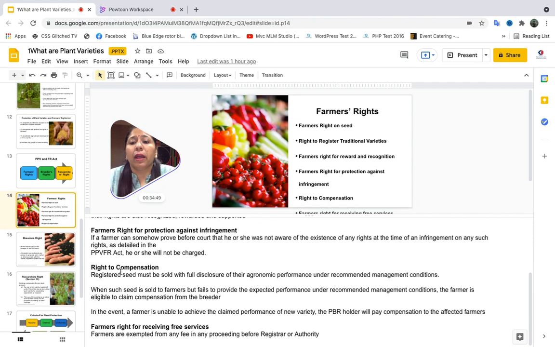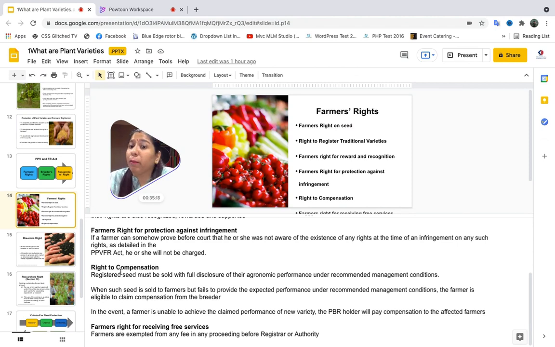Now the next is right to compensation. Registered seeds must be sold with full disclosure. For example, let's say I am a breeder. I made a new plant variety seeds. Now, when I'm selling those seeds, I should make a proper disclosure of how that seed should be used. Let's say my seed has to be treated with water or some other chemical before putting it into the soil.